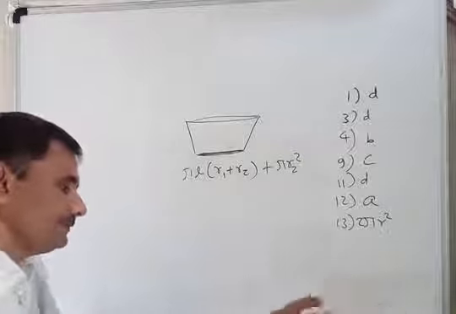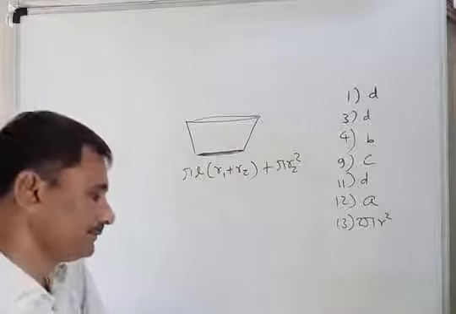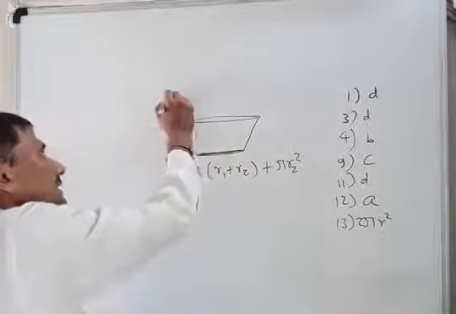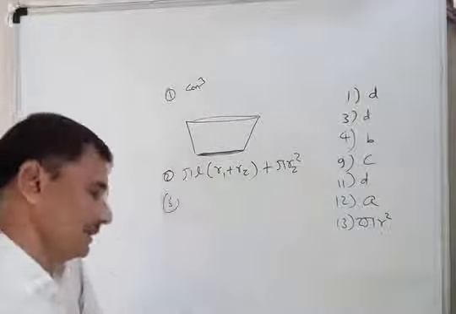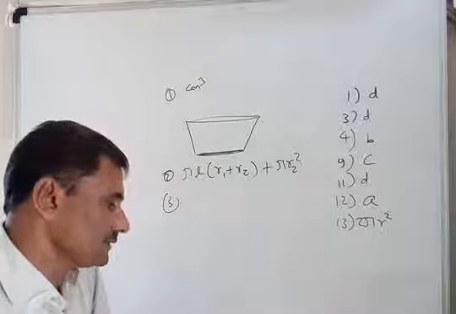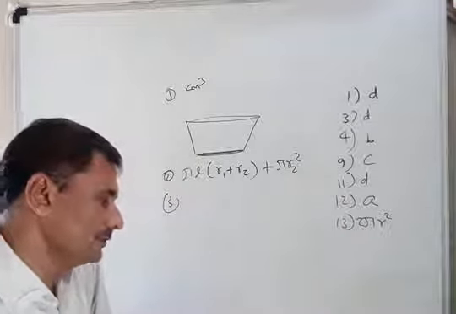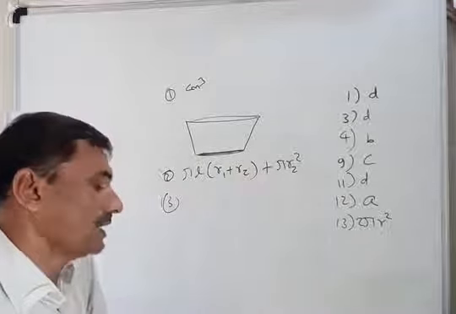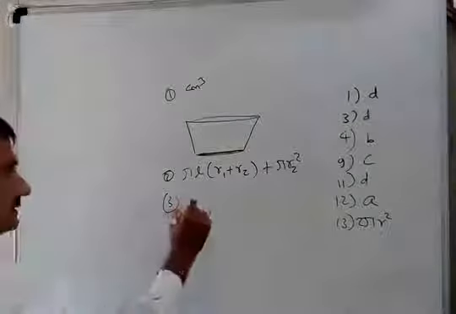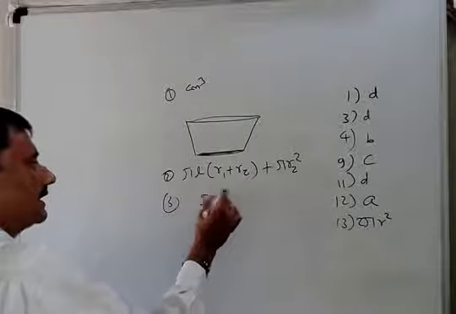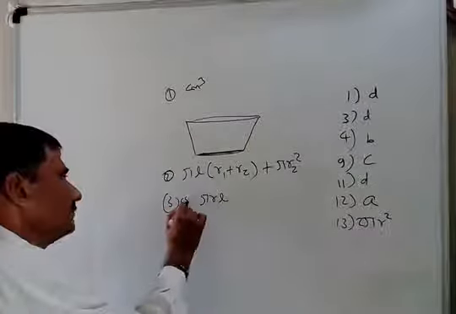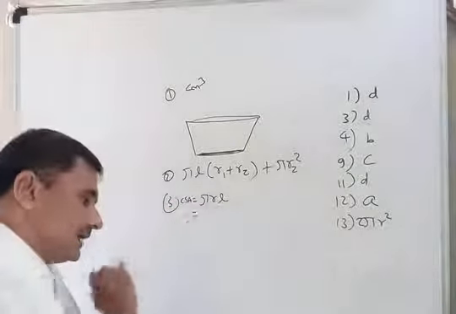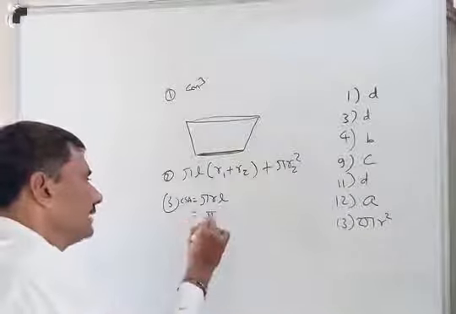Now number 3. The first one's answer was centimeter cube only, that is very simple. Number 2's answer is this. Now number 3: find the curved surface area of a cone whose radius is 3 and height is 4. The formula is pi r l, in terms of pi.